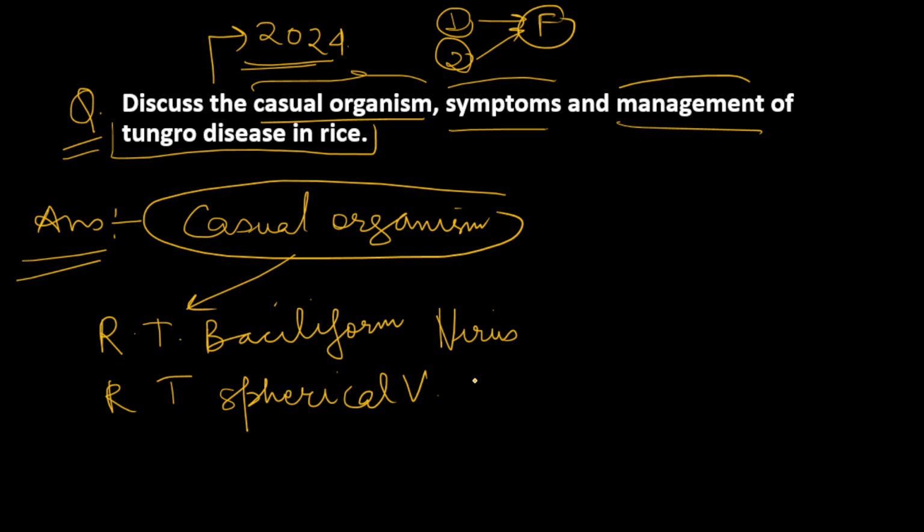But the problem is not about the viruses. The problem is about the host, or you can say the vector of these viruses, which is highly present in rice fields. That is the green leaf hopper.